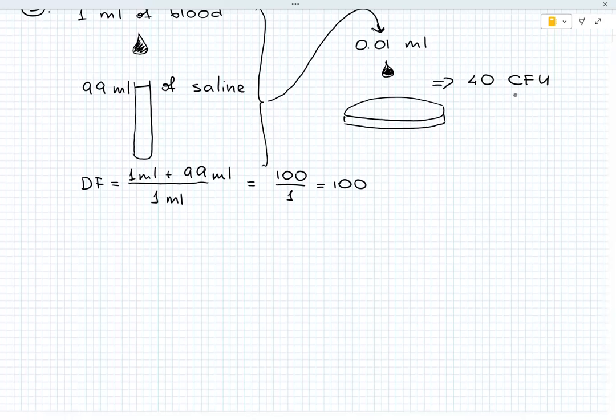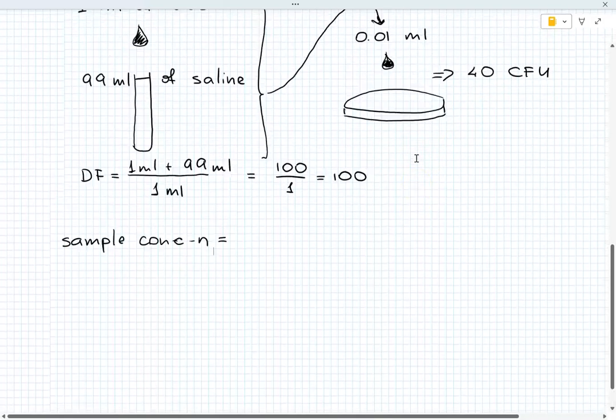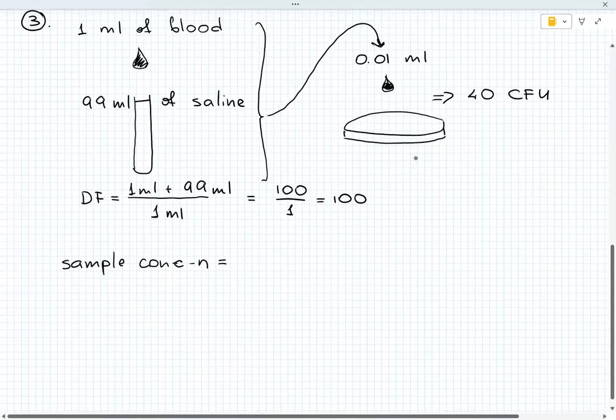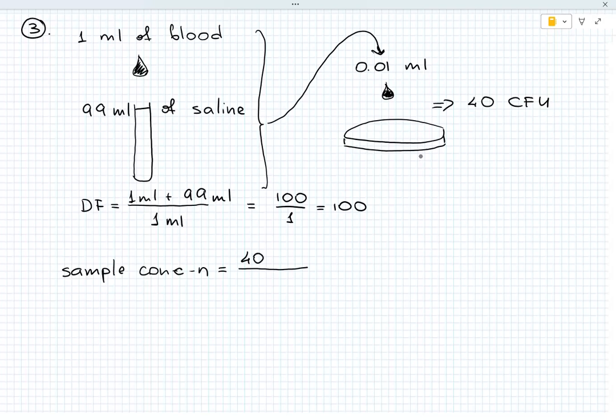So, sample concentration. Can someone tell me what I need to do? What I need to write in the first fraction? 40 colony forming units that were delivered to the plate by which volume of the dilution? 0.01.